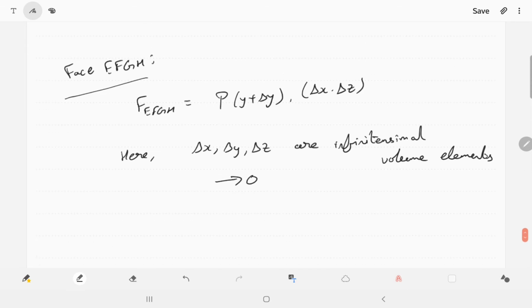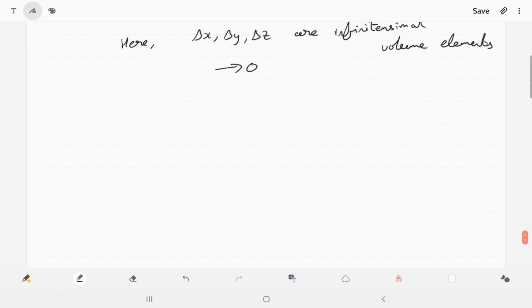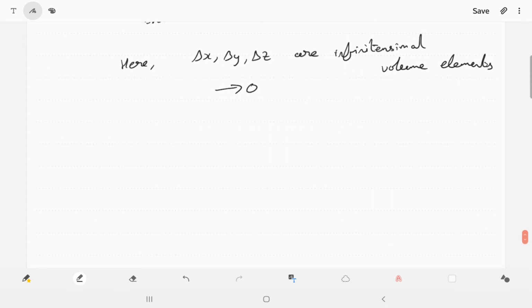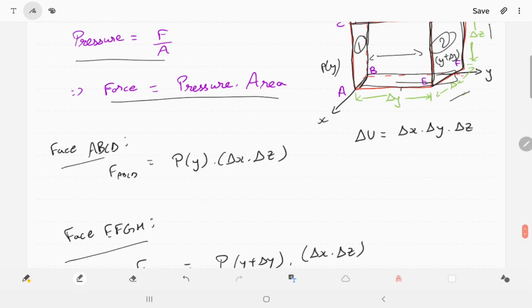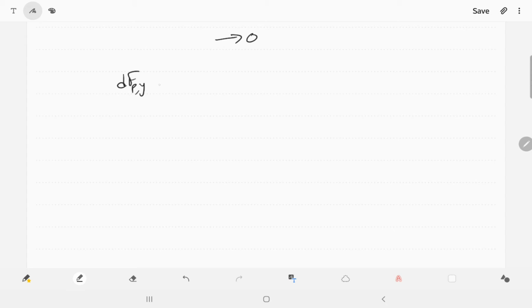To solve the force acting between these two plates, dFy, the pressure force along the y direction, equals P of y into delta x into delta z minus P of y plus delta y into delta x into delta z.